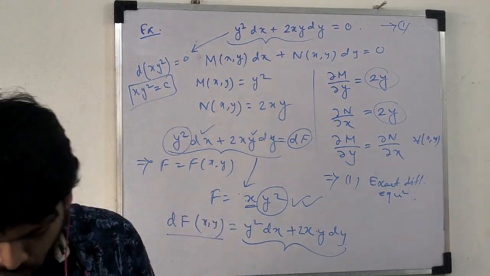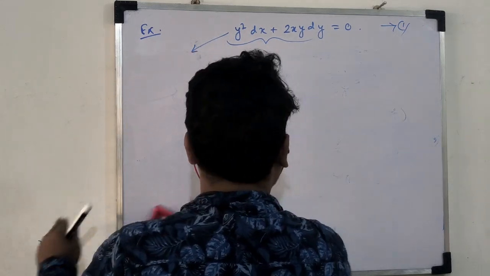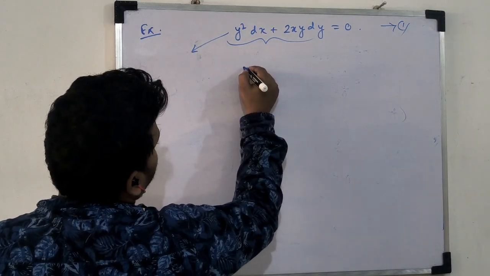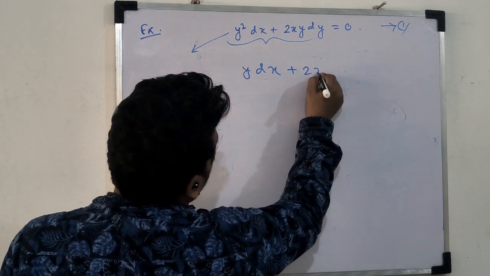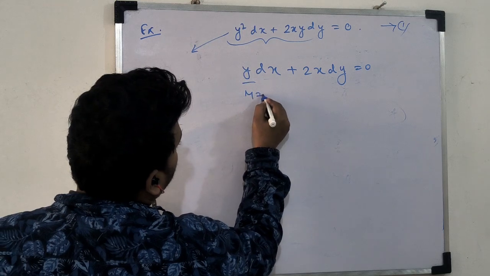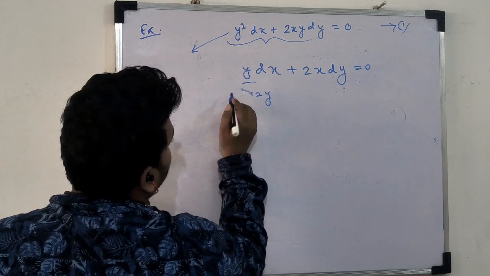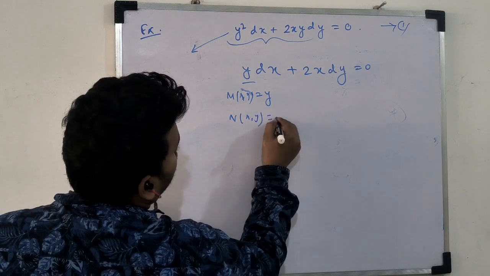Now see, when the equation is non-exact, just divide this equation by y. Therefore y dx plus 2x dy equal to 0. Now M equal to y, which is a function of x, y, and N equal to 2x.